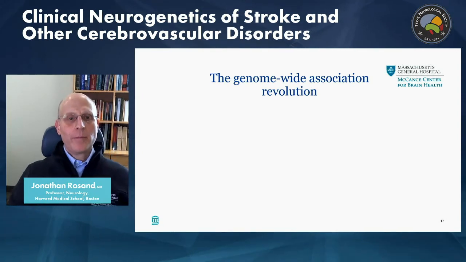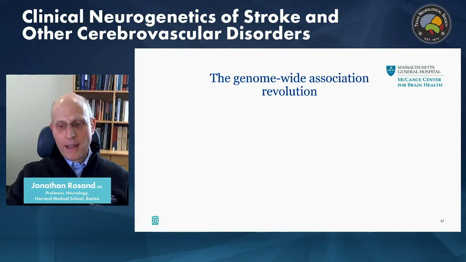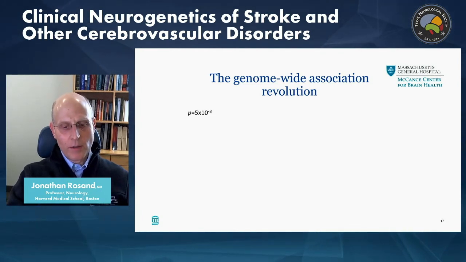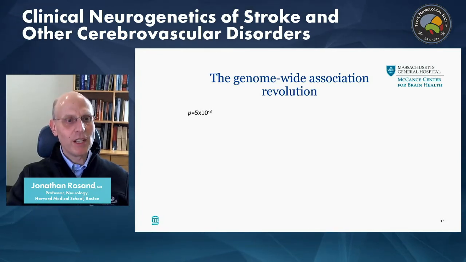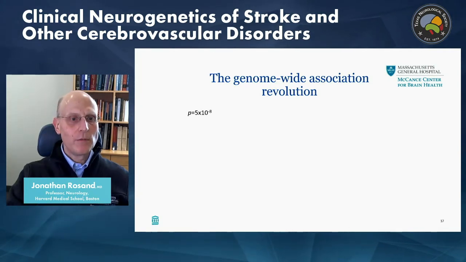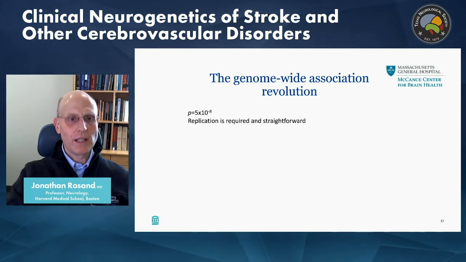Okay, so I think it's important to take a step back and understand that the GWAS era has really been revolutionary beyond genetics. This notion of introducing a real Bonferroni p-value means you can't be published anymore, essentially, without that p-value. Nobody takes an association seriously until you have achieved it, which has led to incredible rigor and reproducibility in genetics.